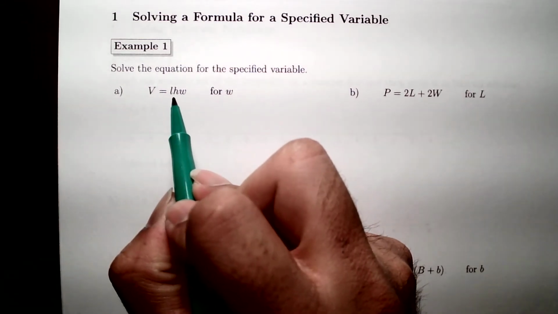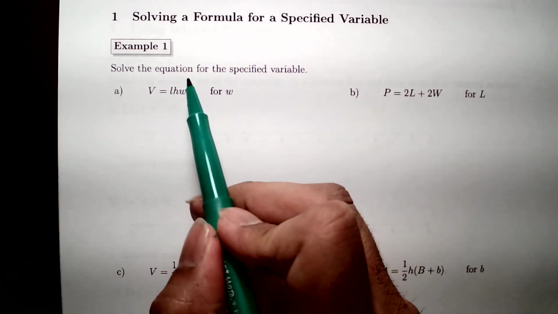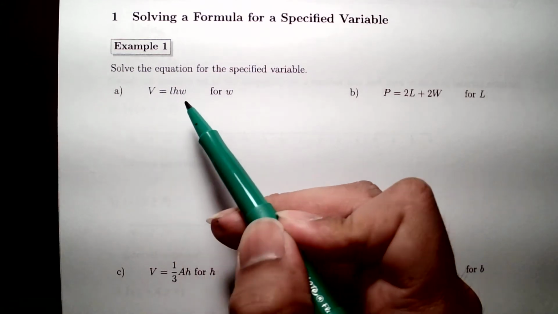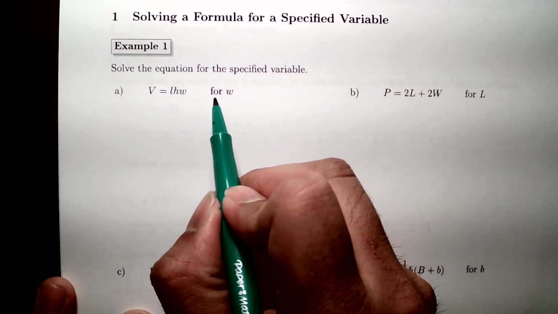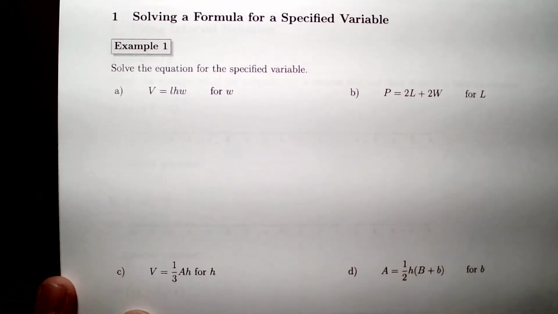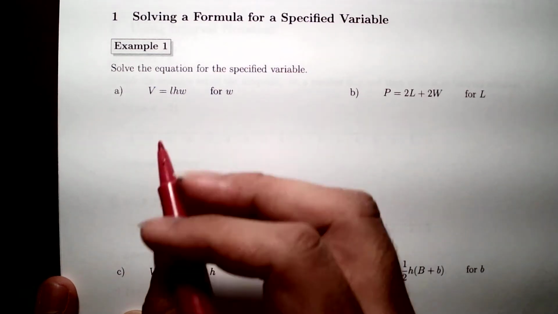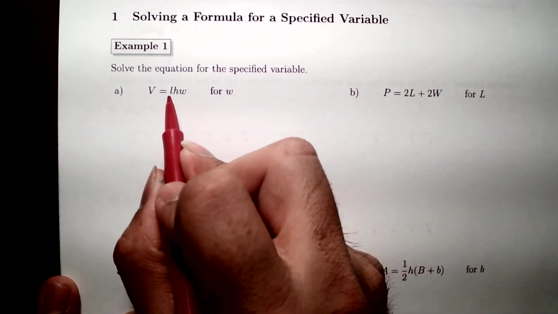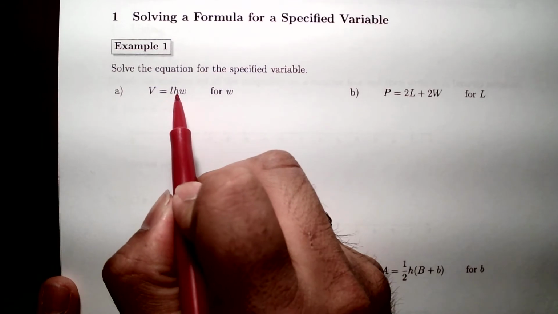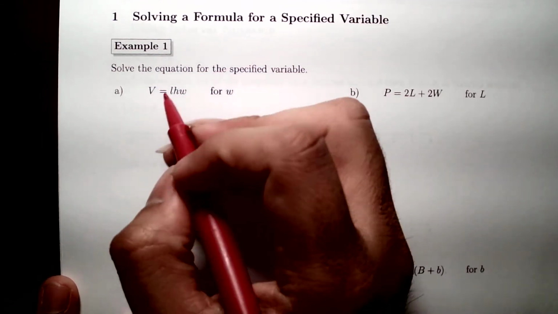For example, this one right here. V equals LHW, which is the formula to find the volume of a rectangular box. They're asking us to solve it for W. And all we do here, observe all the letters. Notice L, H, and W, they are all multiplying.